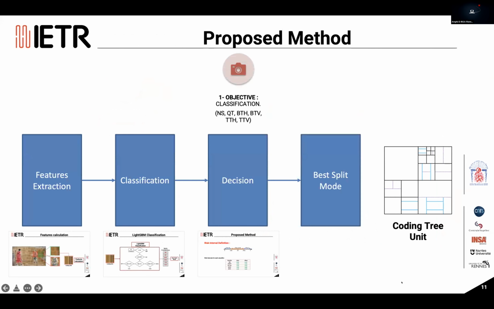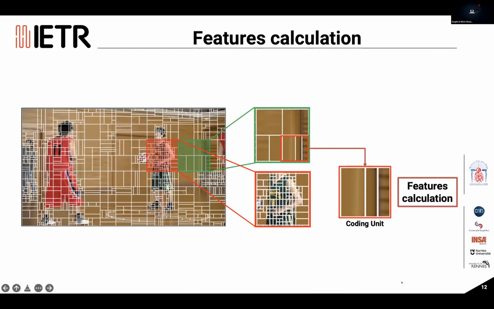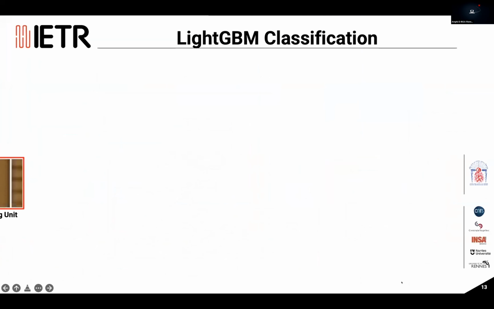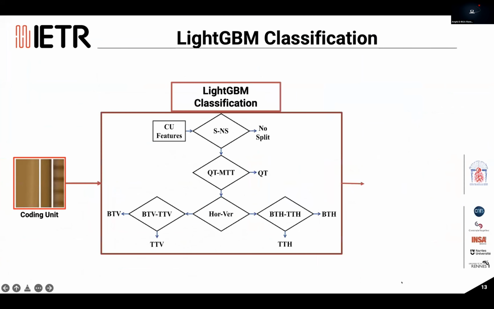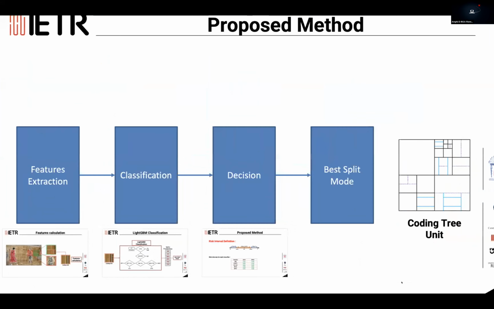To do so, we need to extract the features of each coding unit: selecting the coding unit, then calculating its features. These features will be processed by our LightGBM classifiers to predict the best split mode for this coding unit.